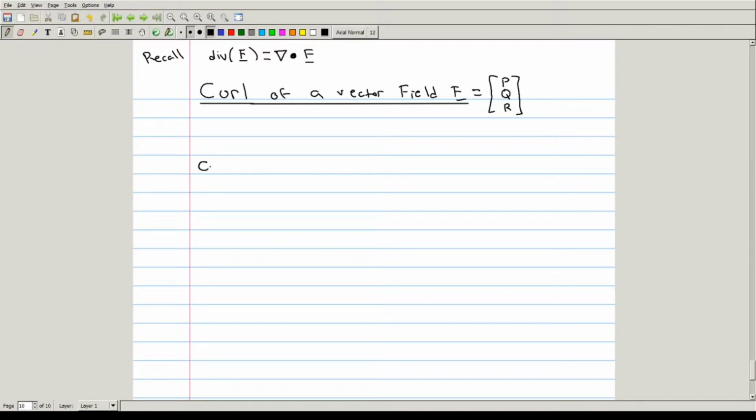Exactly what we get is what's called the curl of the vector field f, sometimes also called the rot of the vector field f.